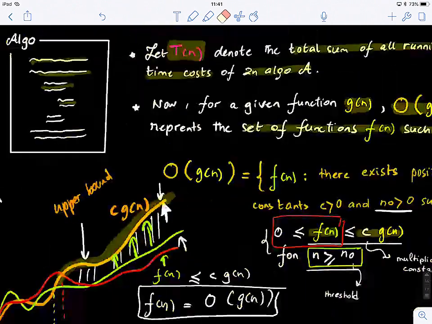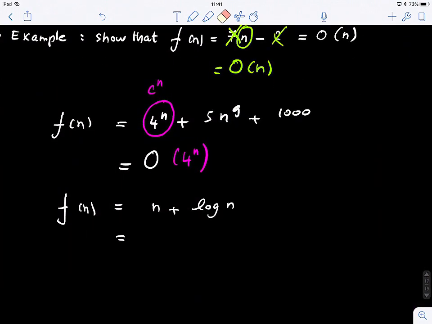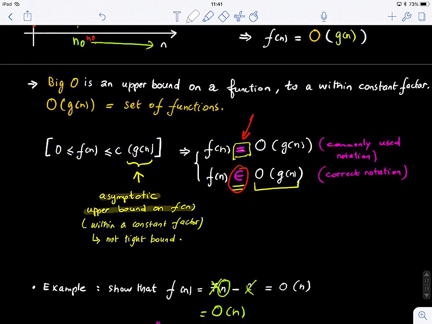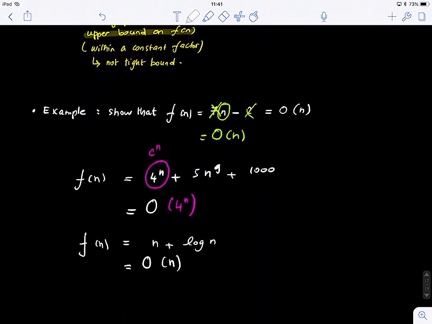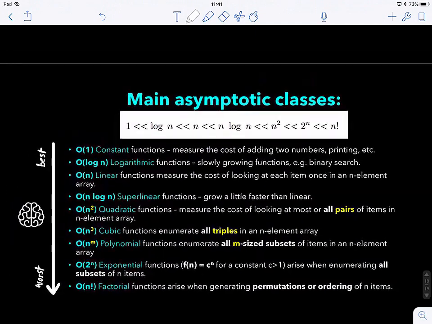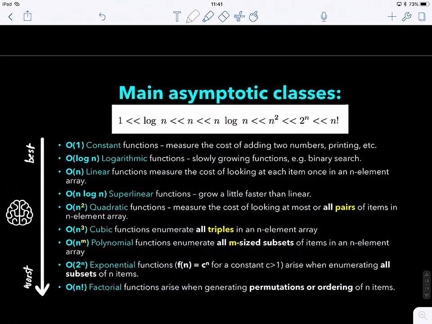N. So in this case, this is in the order of n. Okay? Great. I think you have an idea, an overview of time complexity today. And these are the asymptotic classes. We're going to see many of them during this course. It's important to remember these classes.